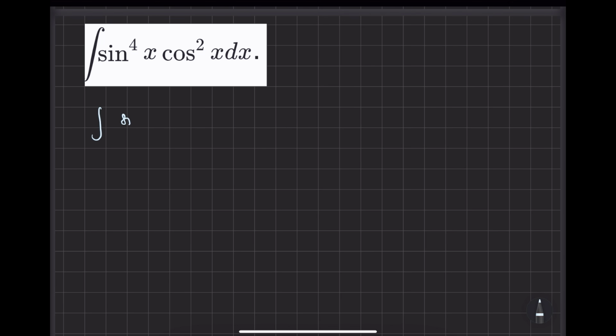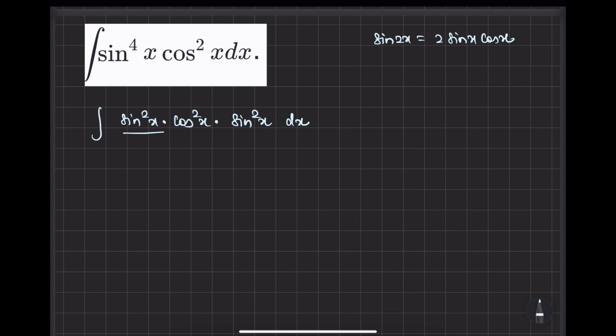So look at this. Can I write sine power 6 x as sine power 2 x cos power 2 x sine power 2 x dx? Okay. Now you know that sine and cos are together in the sine 2 theta formula. So what was that? Sine 2x was 2 sin x cos x.